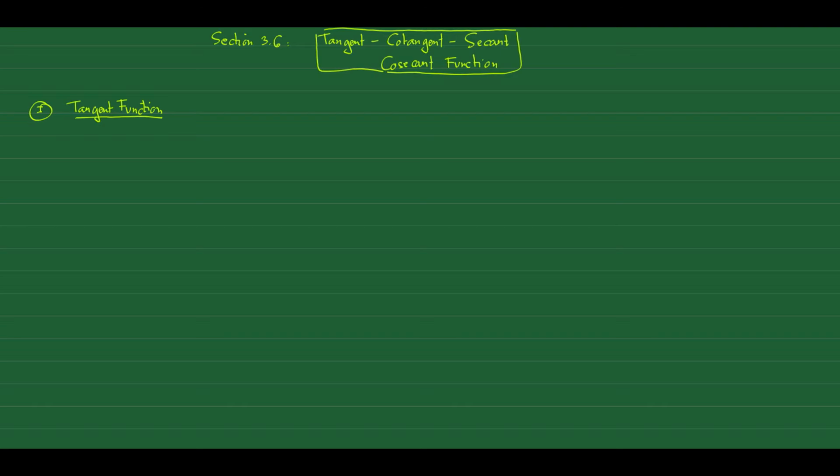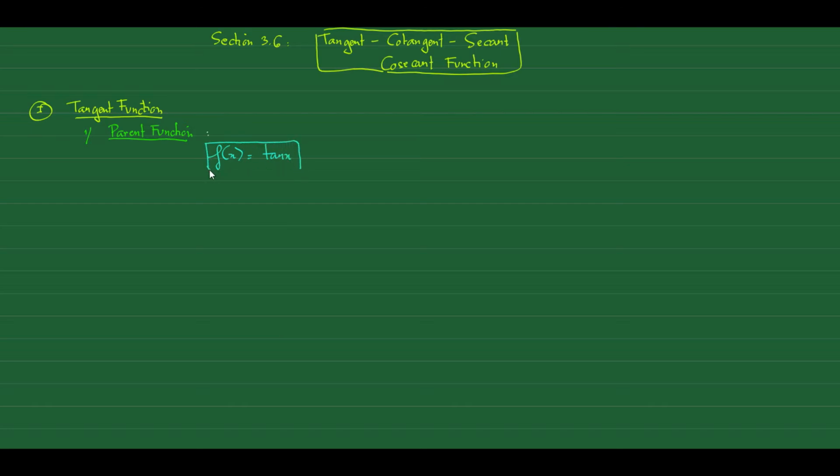Okay, so the parent function of the tangent function will be f of x equal to tangent of x.